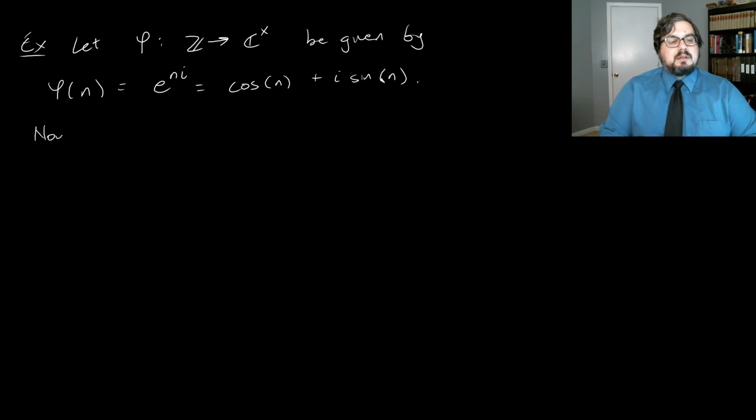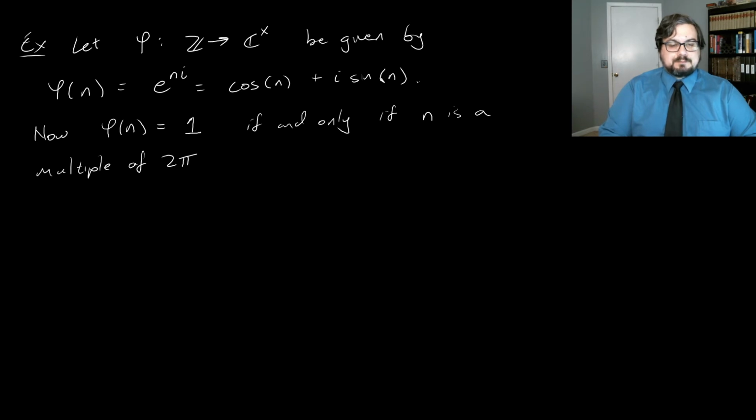Now, phi of n is equal to 1, which is the identity of the group C cross, if and only if n is a multiple of 2 pi. Those are the only numbers that you can plug into cosine to get 1 out of them. So phi of n is equal to 1 if and only if n is a multiple of 2 pi.